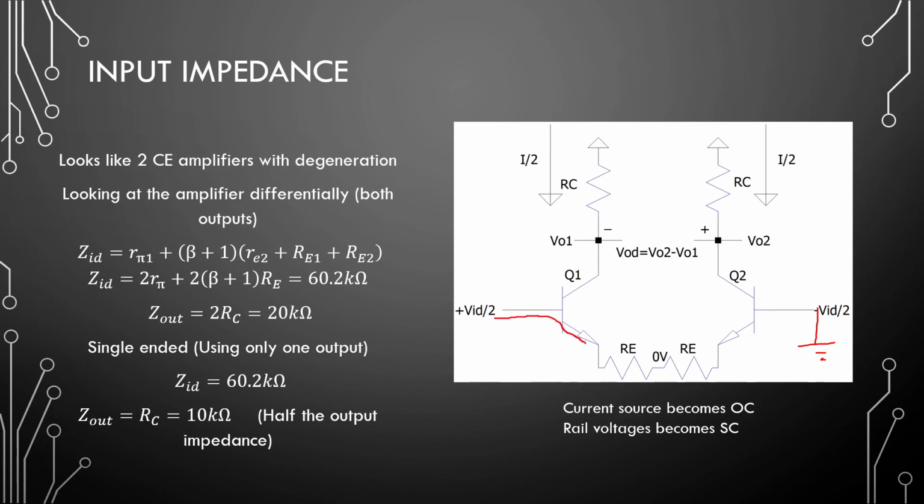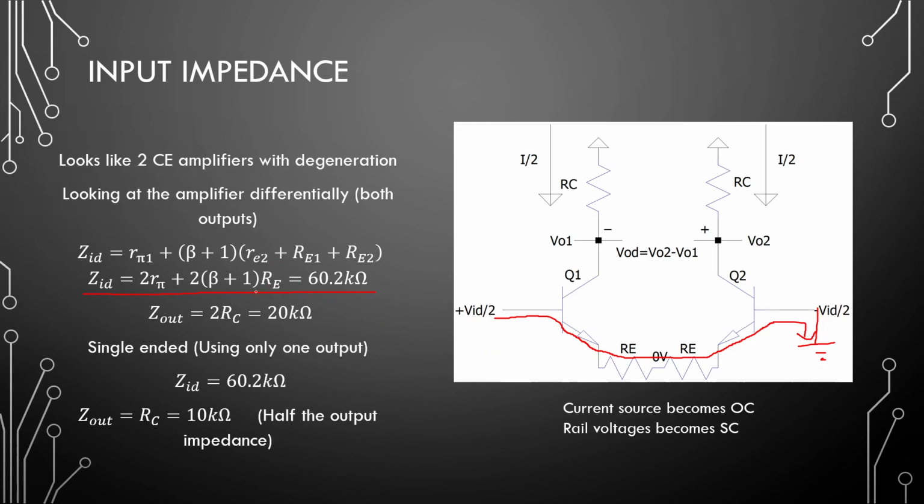So looking in, we see R pi, we see beta times RE, we see beta times RE again, and we see beta plus 1 times small re 2. Right, so our input differential increases with small emitter resistors.